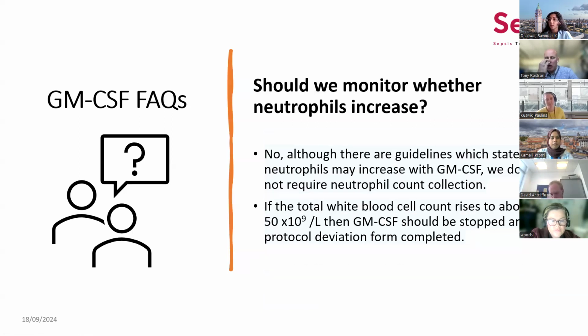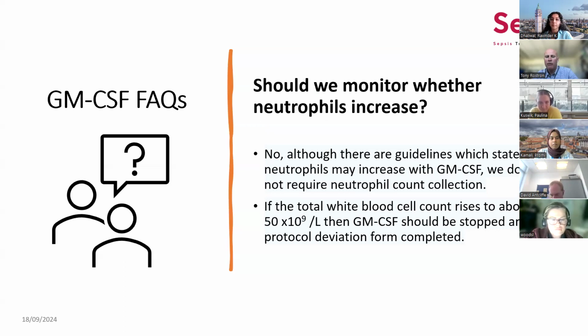So because GM-CSF stimulates granulocyte populations, people ask whether or not they need to monitor their neutrophil increase. It's not required for neutrophils to be monitored, but if the total white cell count exceeds 50 times 10 to the 9 per litre, then GM-CSF should be stopped and a protocol deviation form should be completed.